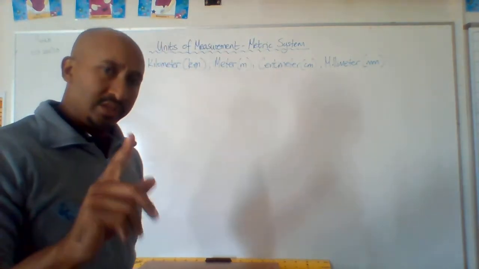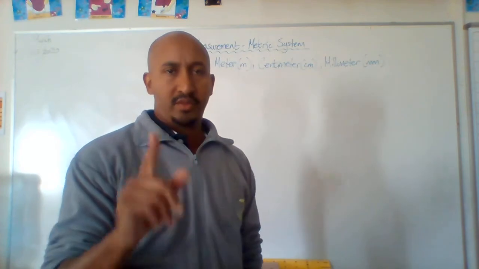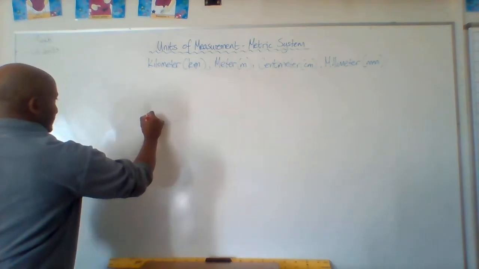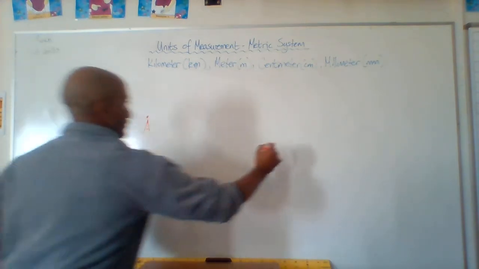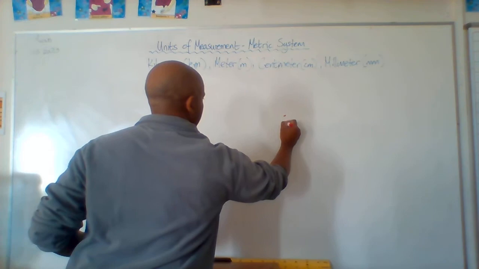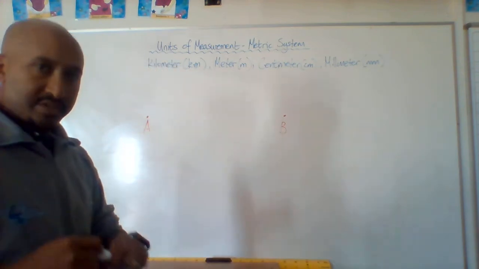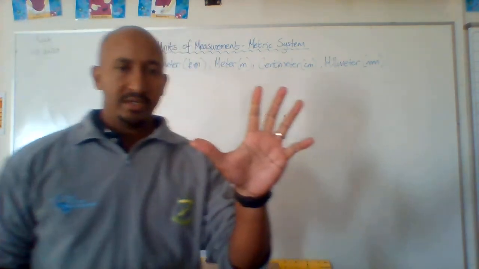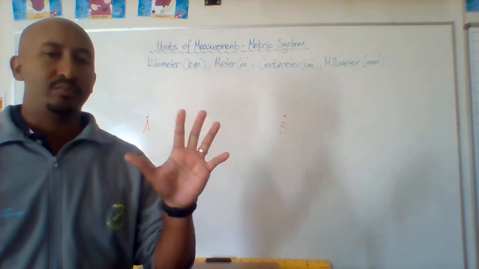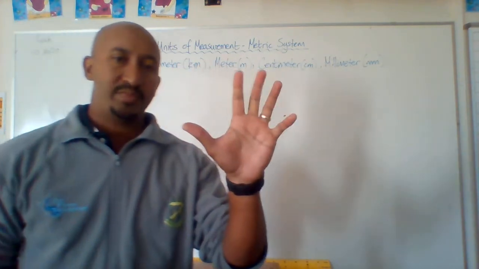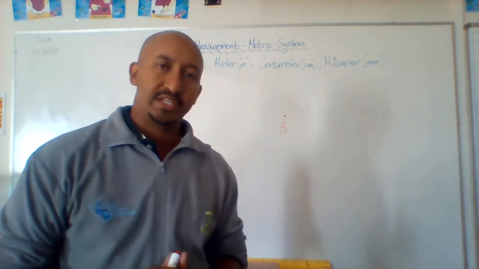Can you think of the problem with that unit of measurement? For example, if we have got point A and we have got point B, and I asked each person in the class to measure the distance between point A and point B using their hand span alone, can you predict any problems with that?